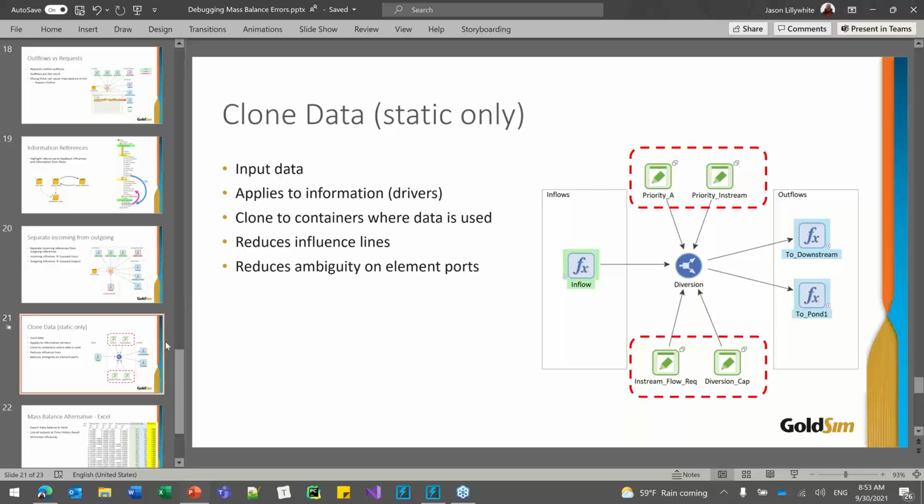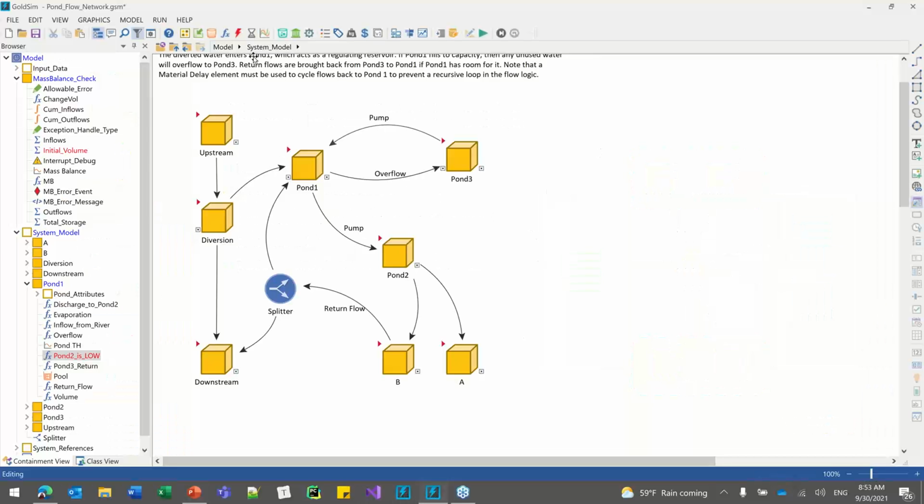That's just static information, not expressions. Well, a time series isn't technically static, but it's just a data input, right? Anything like that, if it's being referenced in multiple places in your system, then it's a good idea to clone it. So here's how that works.